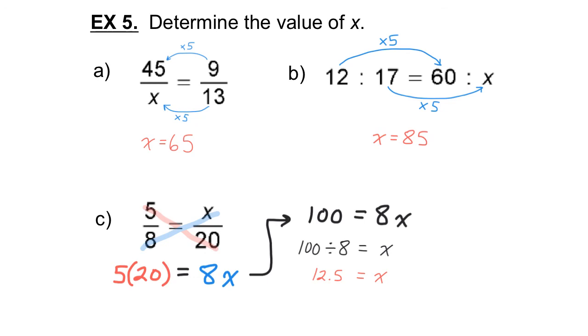Now, just a note about communication here. Notice I did not write an equal sign here. Each line should only have one equal sign. That's proper notation. So here I have 5 over 8 equals x over 20. Next line, 5 times 20 equals 8x. I ran out of space to keep going down, so that's why I put an arrow here.